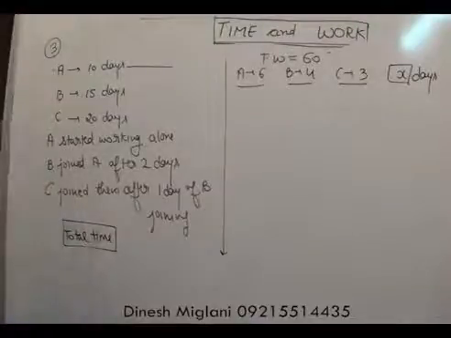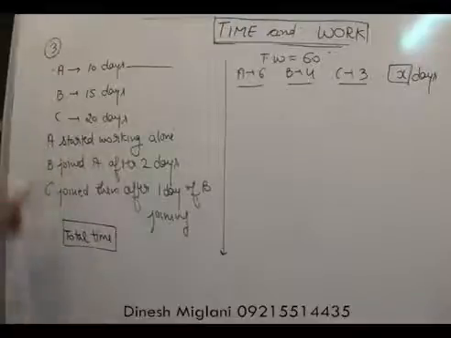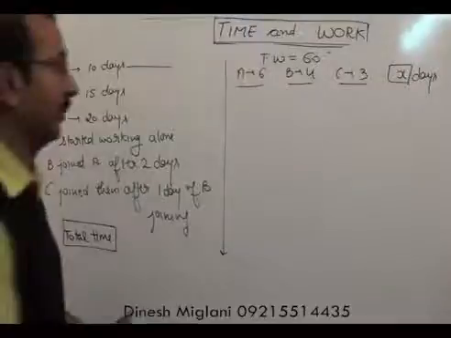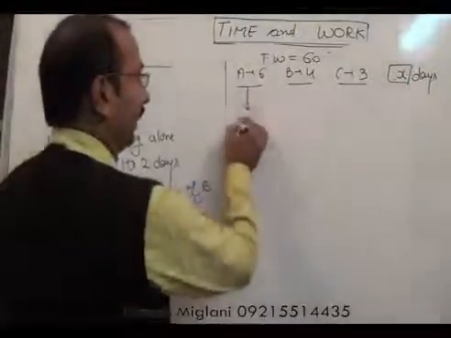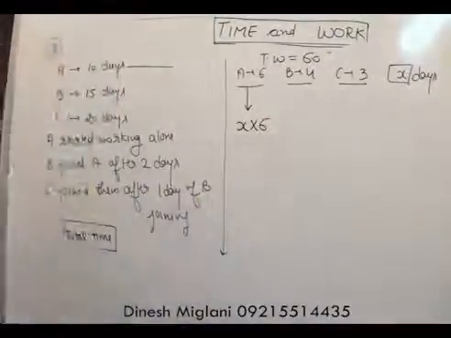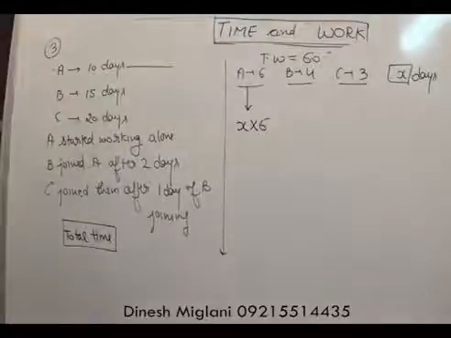Now just take the contribution of each and every person. A started working alone, which means he was working from start to end. It means A has worked for X days and his 1 day work is 6, so the total work done by A is 6x.